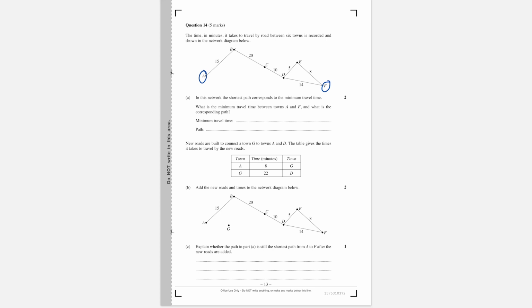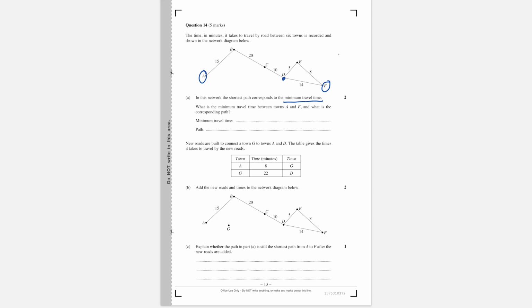We have to go via B, C, and D. That's our only choice. And then we do have a choice once we're at D. So we could choose to go up via E to get to F, or we could choose to go via DF, right? And it wants us to minimize the travel time.